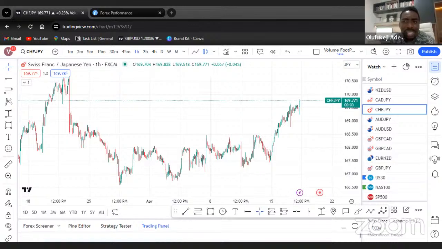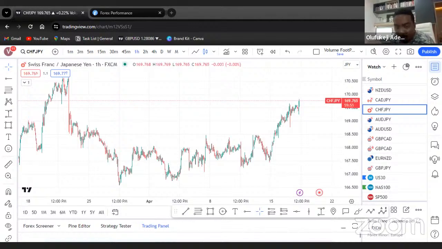I don't think they keep it that simple. Those are complex organizations, so we as retail traders should know what they know. But I'm breaking it down now. Q2 means second quarter, April, May, June. H2 means half year: H1 and H2, January to June, June to December. I hope this makes sense.